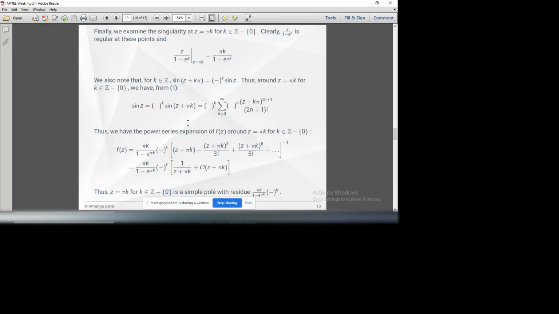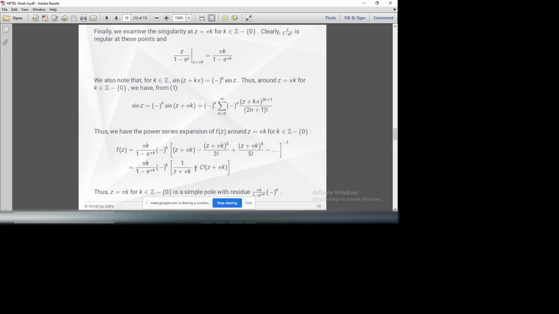That was 1 by sin z, right? Because that was 1 by sin z, there is this minus 1 power, and again jumping several steps, that gives us the final answer. So again this is 1 by z plus pi k plus positive order terms.